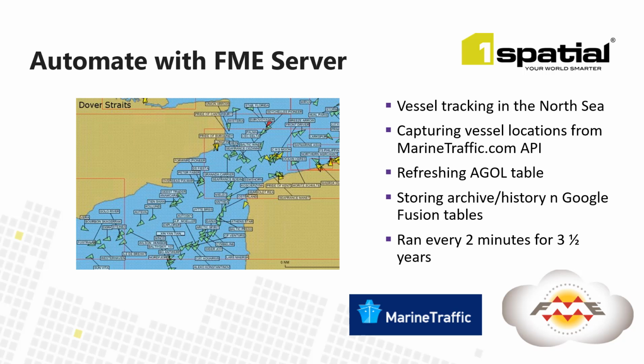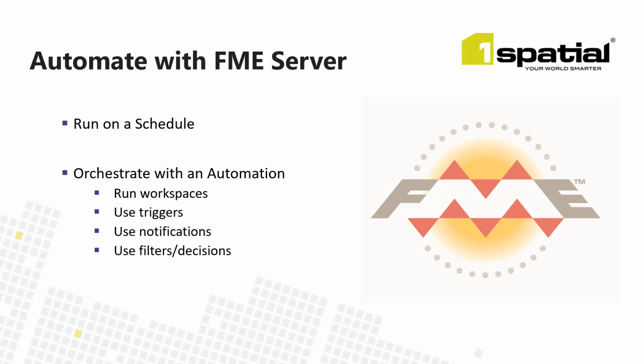So the latest vessel location data is always displayed, and then it stores an archive in a Google Fusion table, so that the history is kept. So that's a process that ran every 2 minutes for 3.5 years without any edits. It just works.